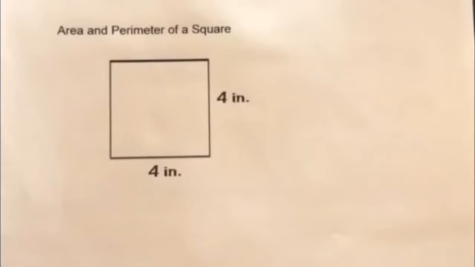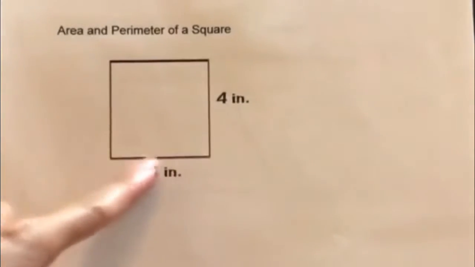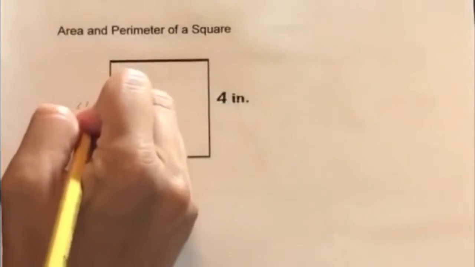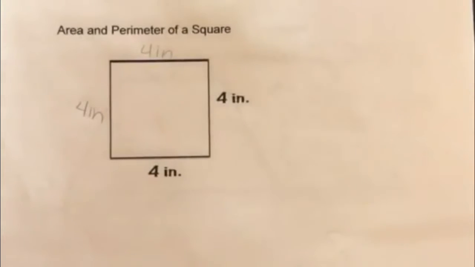So after you know the technical vocabulary for square and area and perimeter of area, you can learn how to find. We're going to solve the area and perimeter of a square. So remember that a square has all equal sides all the way around. So if this is 4, then this side is 4. If this bottom is 4, then this top is also 4.